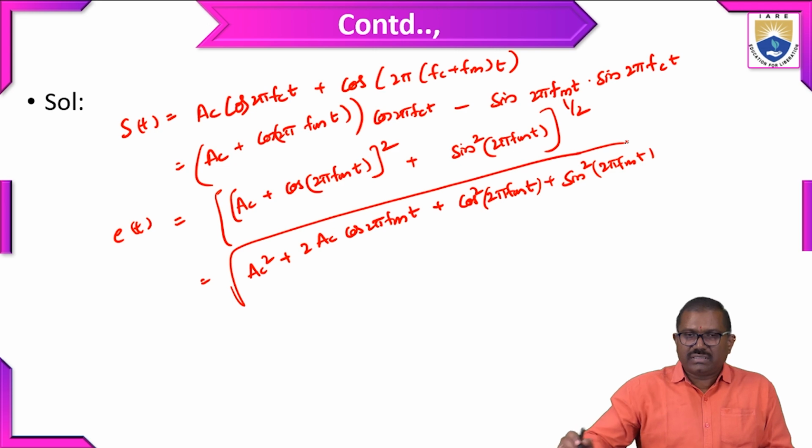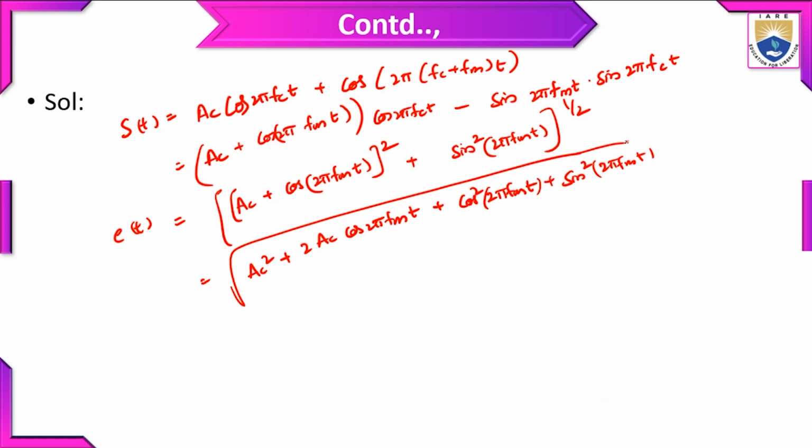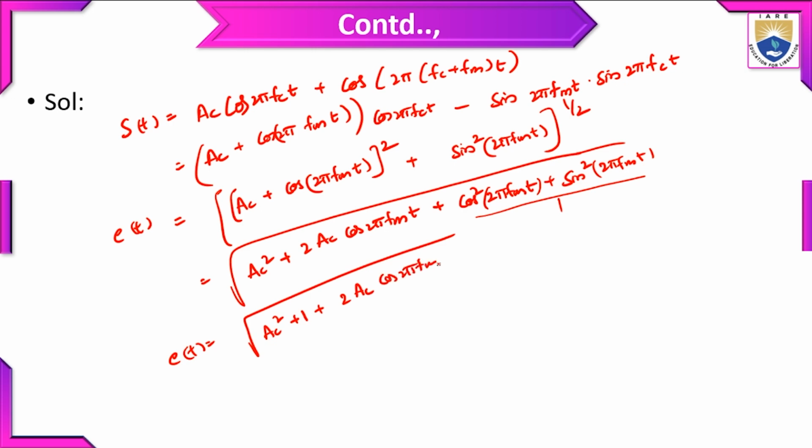So what happens? Sin square theta plus cos square theta is nothing but 1. So this whole term is going to 1. So the output of the demodulator we can write as AC square plus 1 plus 2AC cos 2 pi FMT. So this is the demodulator output.